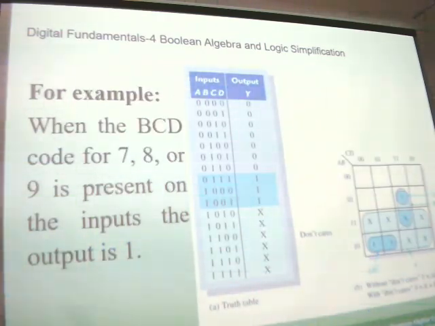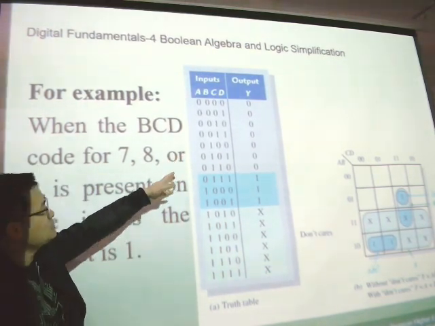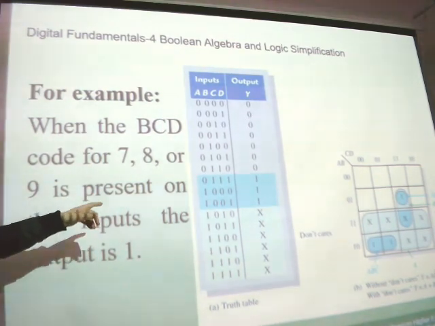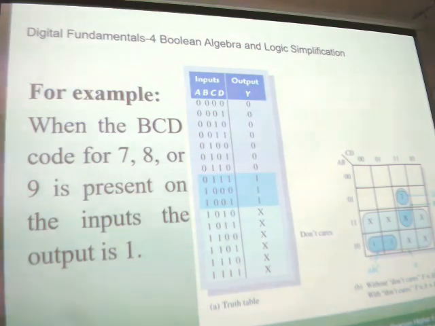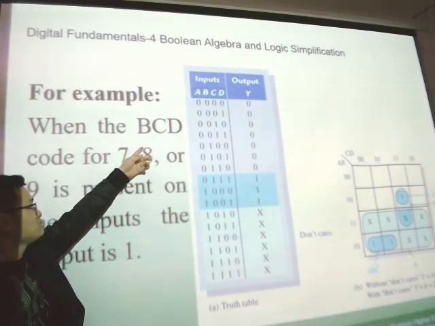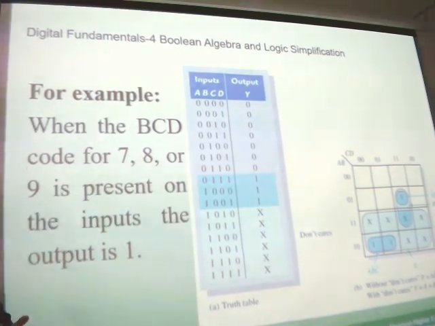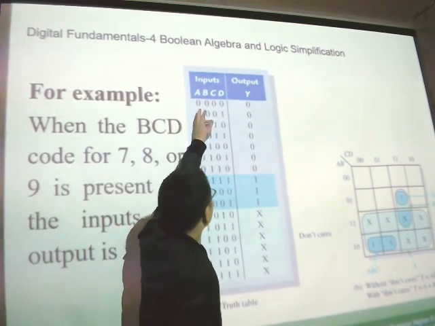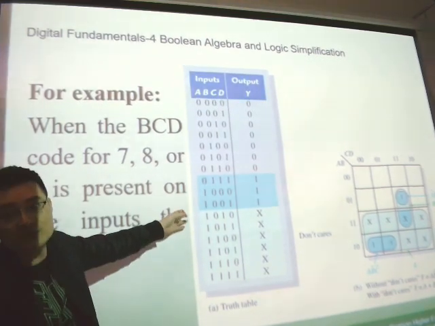For example, when the BCD code for 7, 8, or 9 is present on the inputs, the output is 1. How to represent this logical function? We know that BCD code just contains 10 different values from 0 to 9, right?